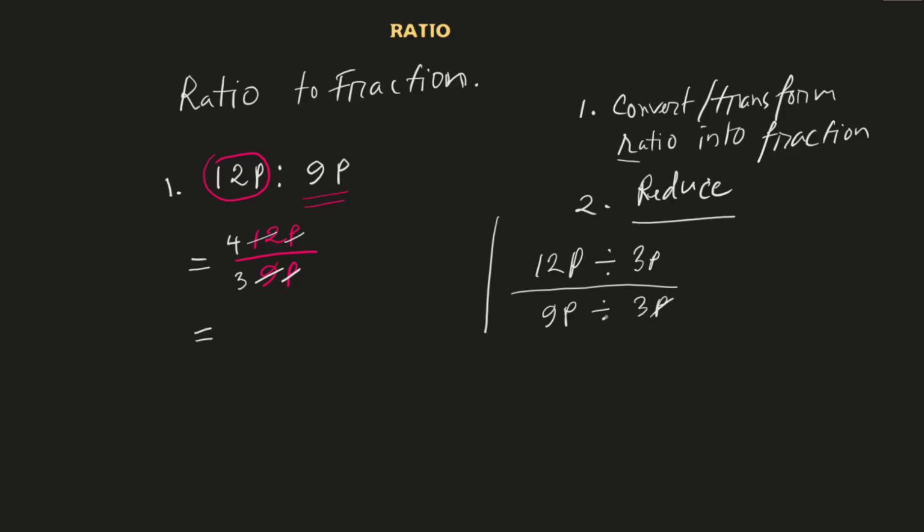So here the p cancel. When we divide 9 by 3 it produces 3, and 12 divided by 3 is 4, which is 4 by 3. So this is our answer, right?